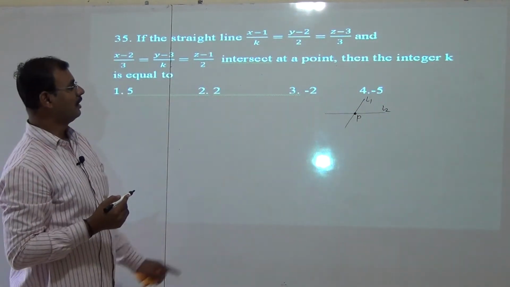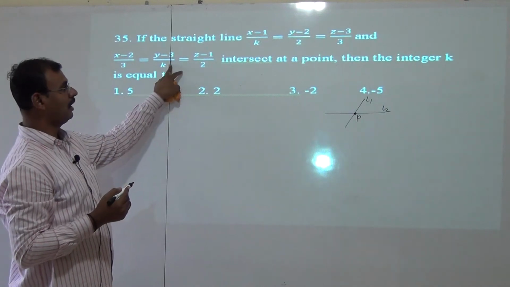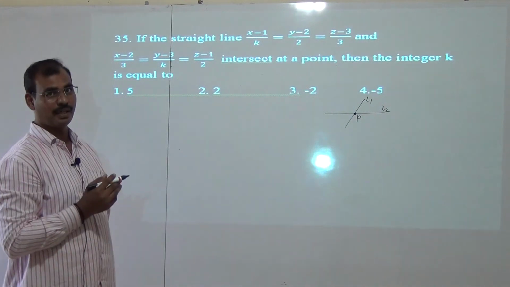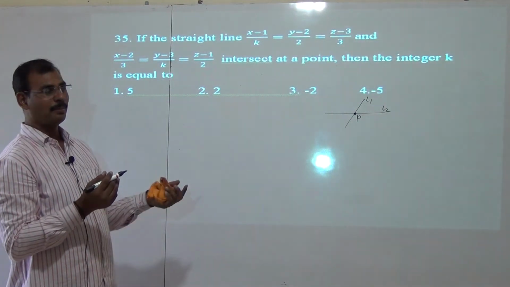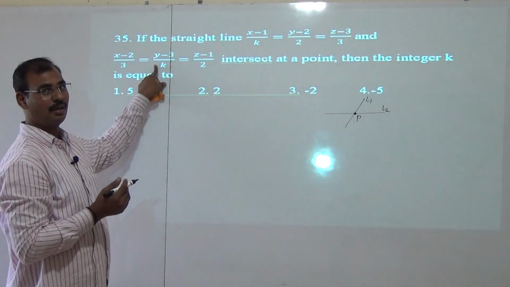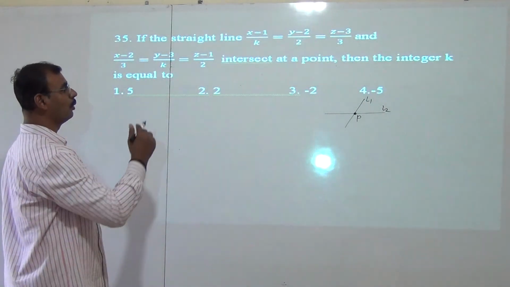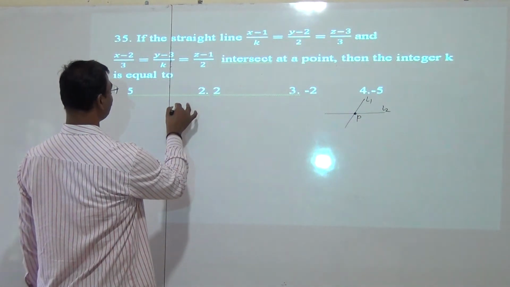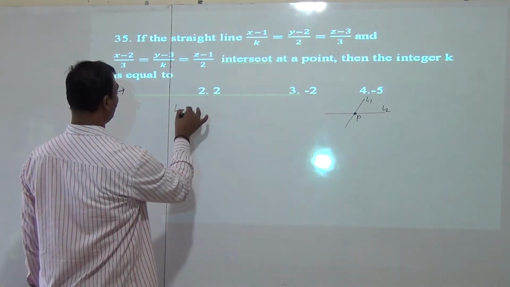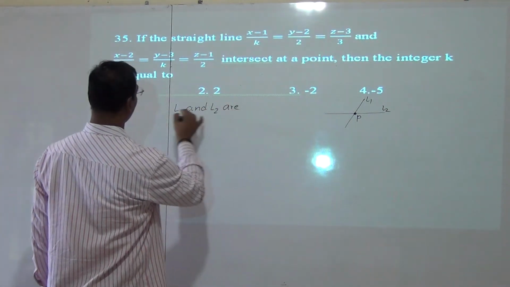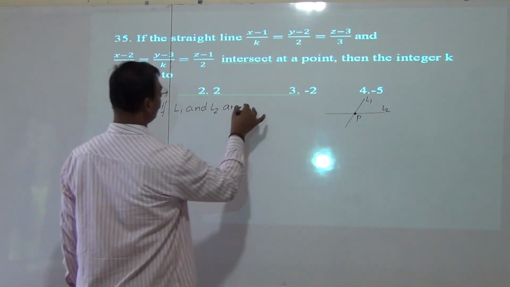So that means these lines lie on the same plane. Lying on the same plane means coplanar. So we have to use the coplanar condition. L1 and L2 are coplanar.